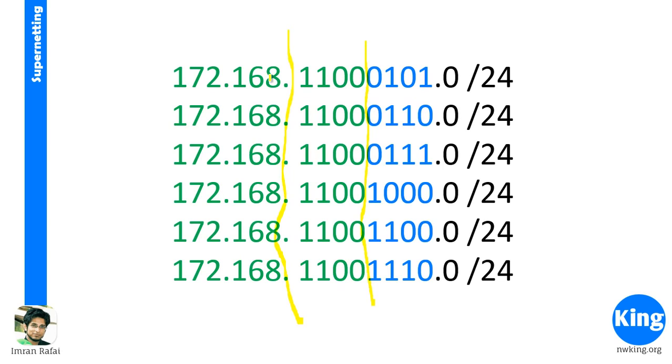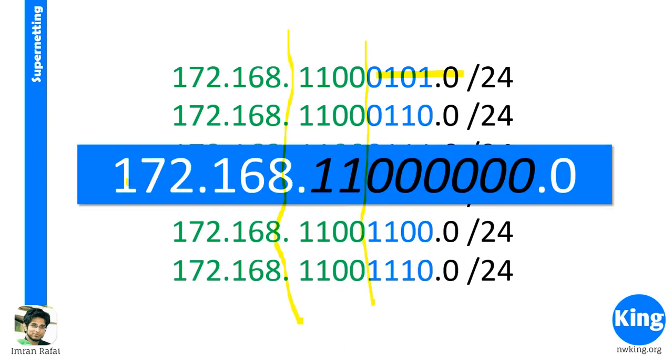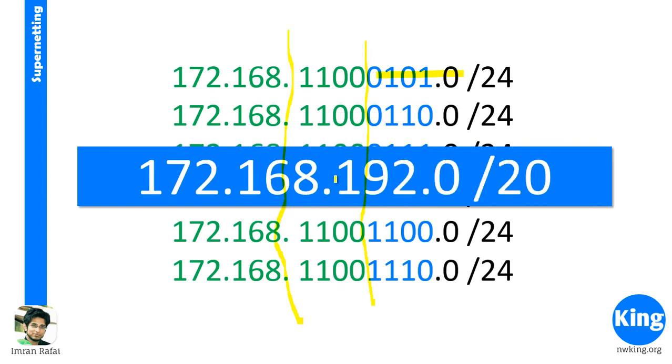What you do is make everything beyond this line 0. So it will be like this: 172.168, and this part, if you convert it to decimal, it is 172.168.192.0/20.